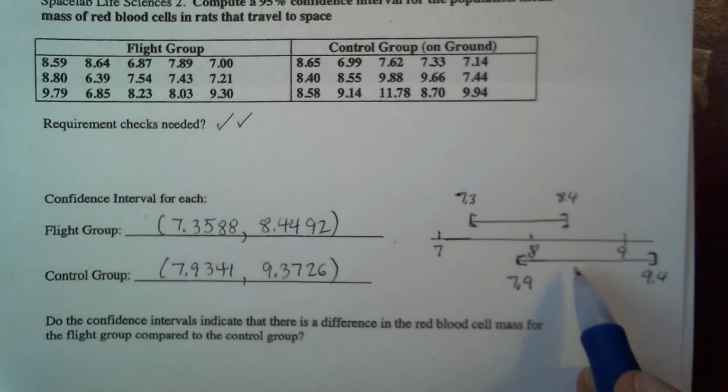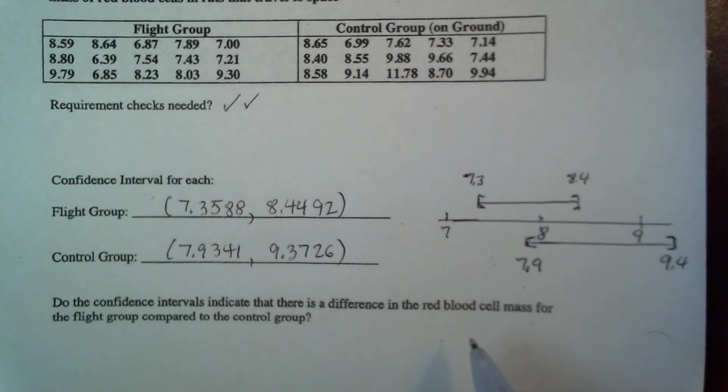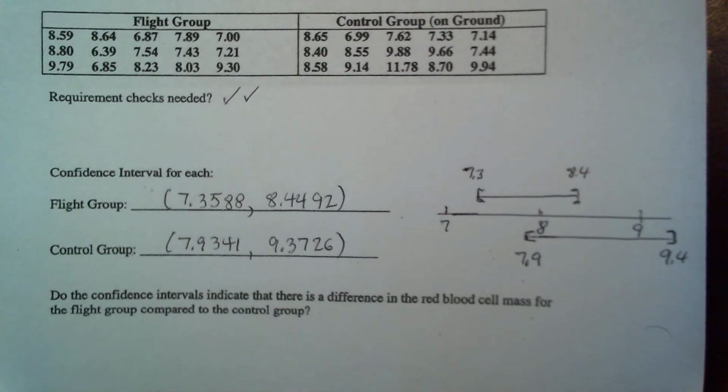And since the intervals overlap, a case can be made that the flight group and the control group could have the same mean. That is certainly possible since the confidence intervals overlap. So the population means of the two groups could be equal.